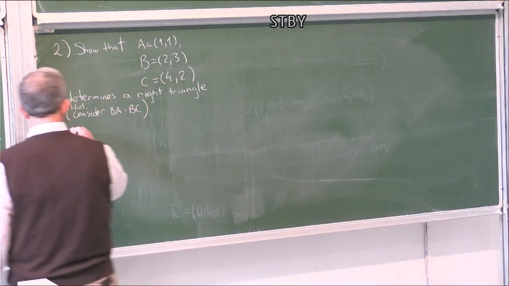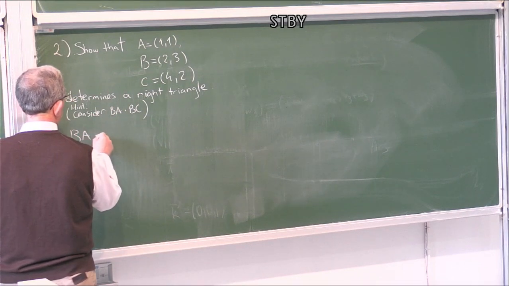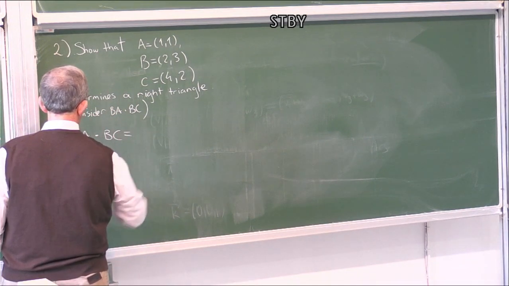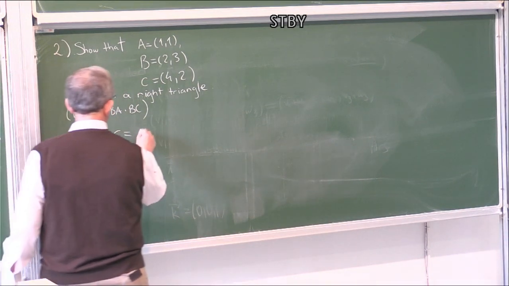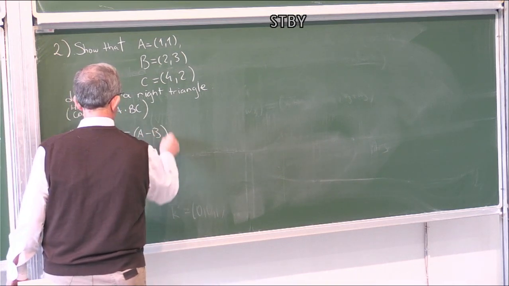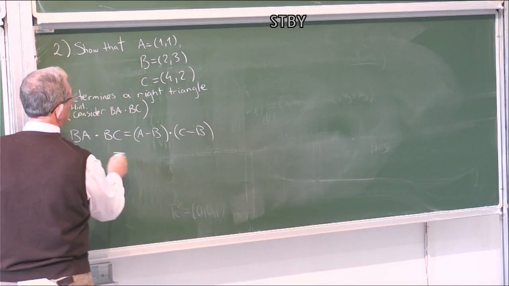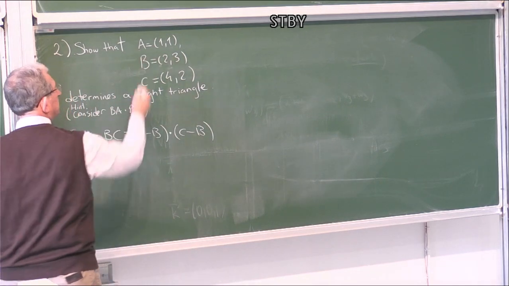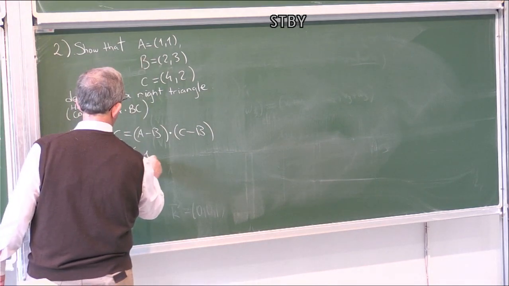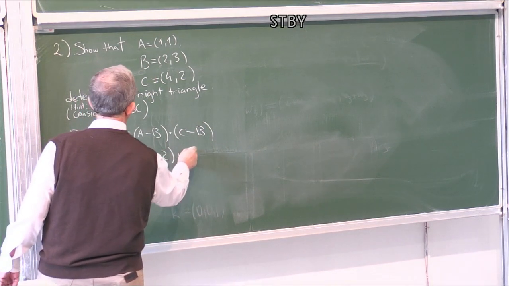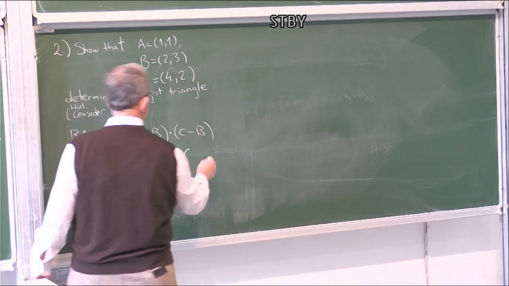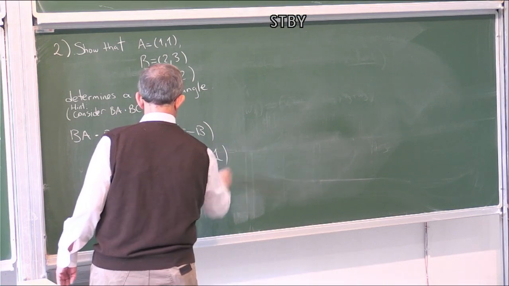Of course, BA dot BC means the following. This is A minus B dot C minus B. Well, A minus B is -1, minus 2, and C minus B is 2, minus 1.